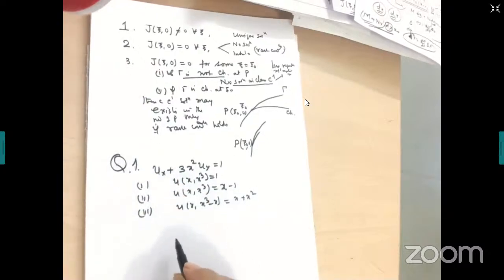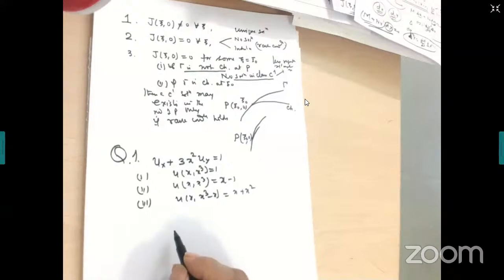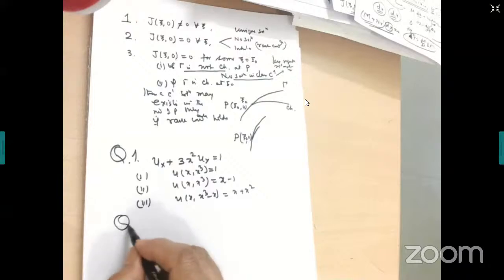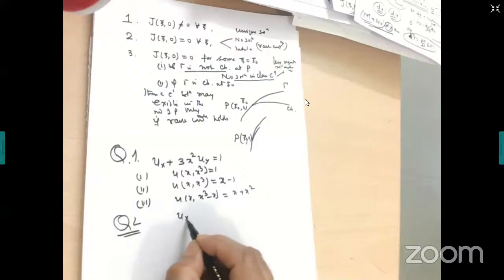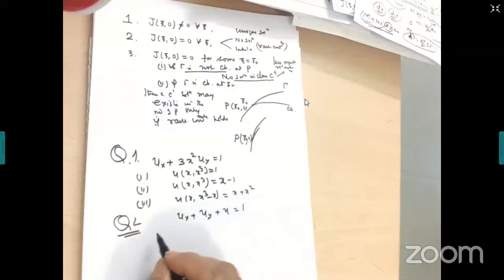Please write down question number 2 as well. Question number 2: ux plus uy plus u is equal to 1. Again, there are two cases.